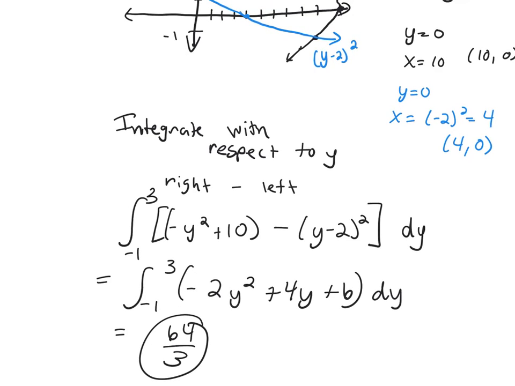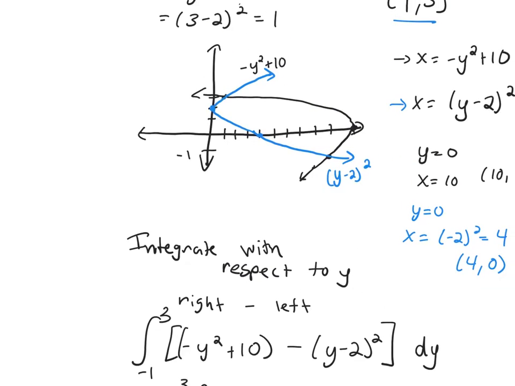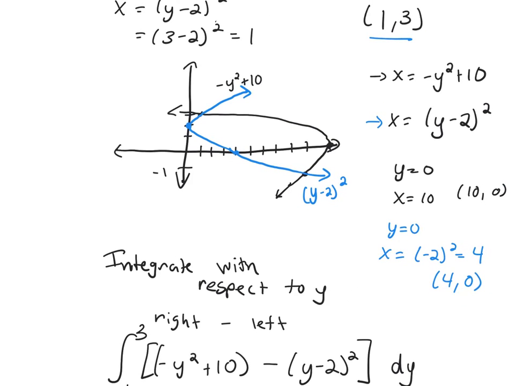So the one thing I want to tell you is to pay close attention to the region that you've graphed. If you do have this nice top and bottom thing going on, then integrate in terms of x. But if you have this other situation where you always have a right function, you always have a left function, then maybe you should integrate in terms of y instead of in terms of x.